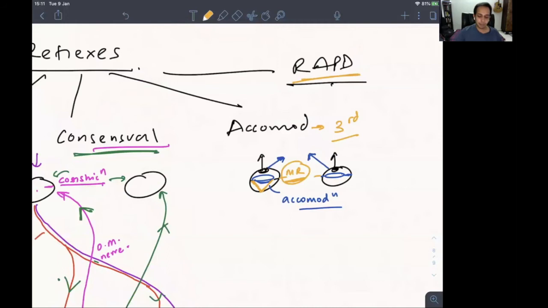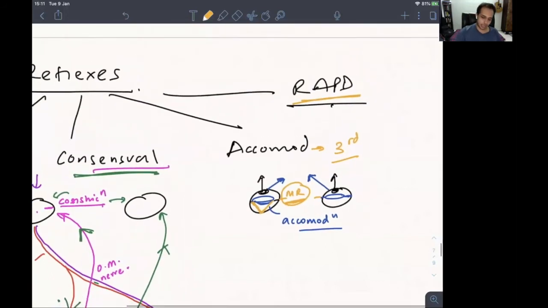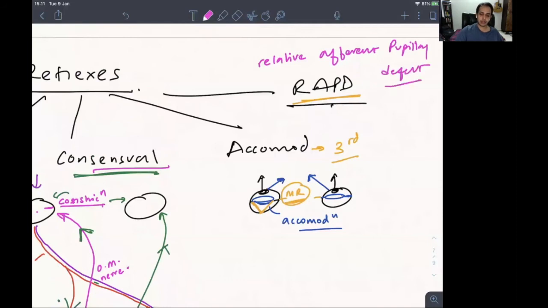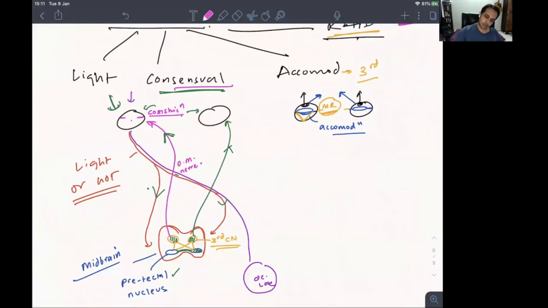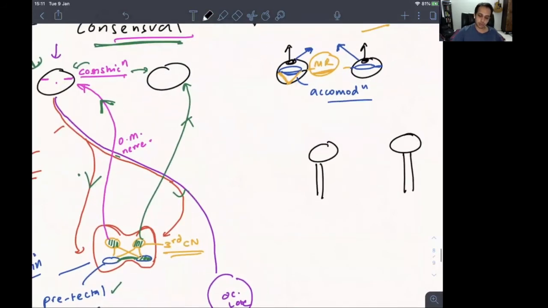And RAPD stands for relative afferent pupillary defect. And what this means is that, supposing you have 2 eyes and 2 optic nerves. Now suppose one of your optic nerves is slightly damaged, say 25% damage.